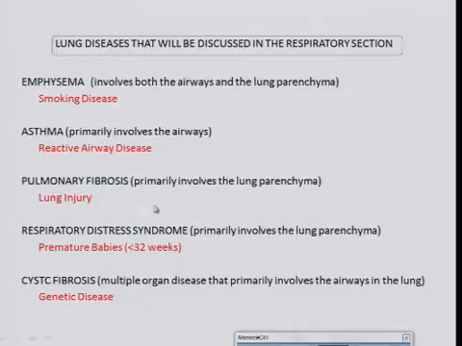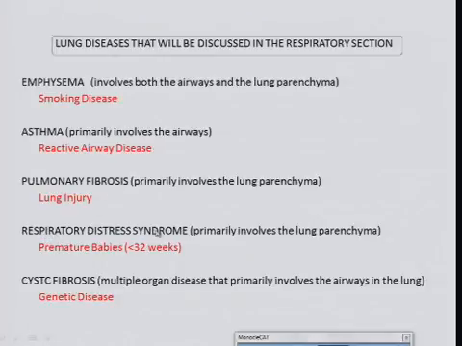Pulmonary fibrosis primarily involves lung parenchyma that we just talked about again, and this is primarily a response to a variety of different lung injuries, whether it's an exposure to various chemicals, toxins, or even pressure. Okay, we'll talk about barotrauma, which is also a lung injury, and that can induce pulmonary fibrosis.